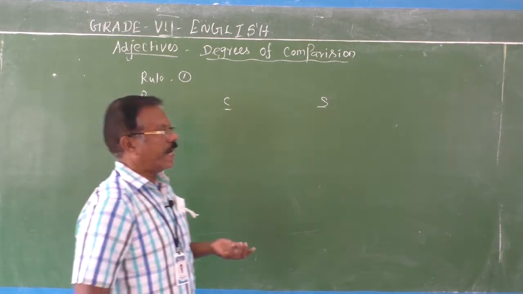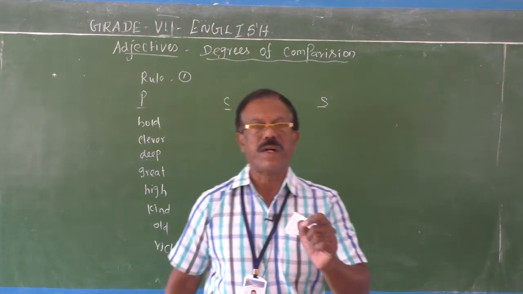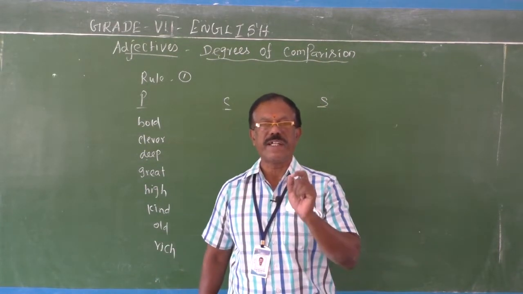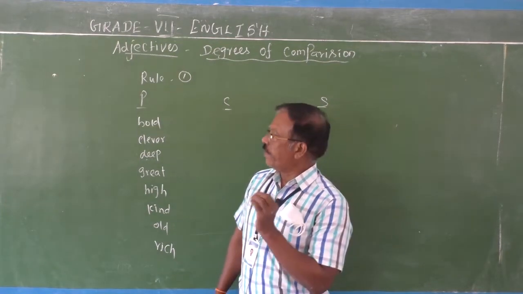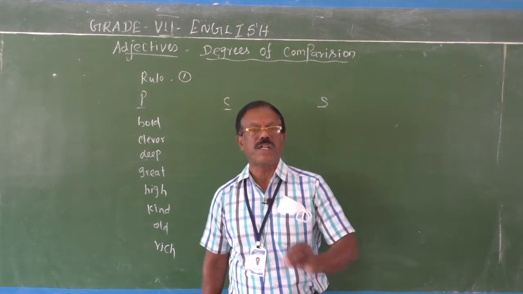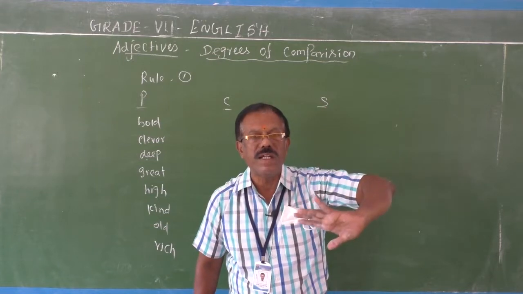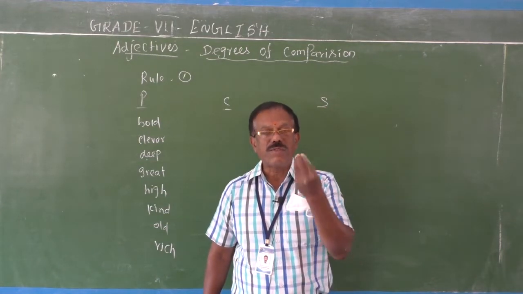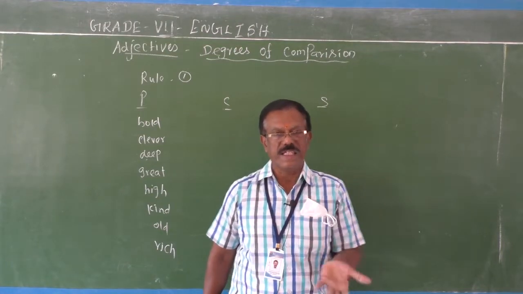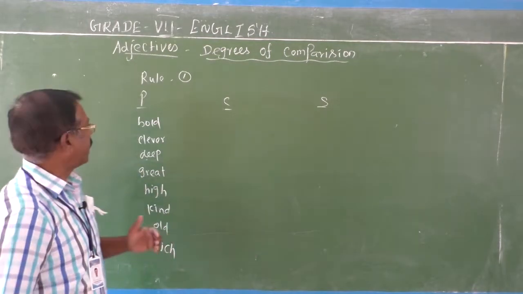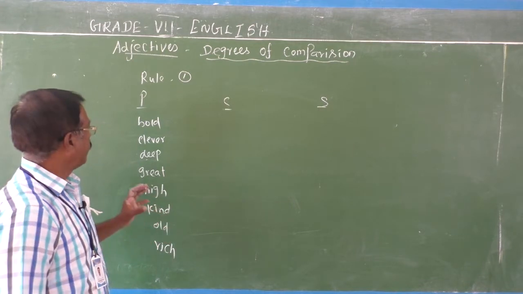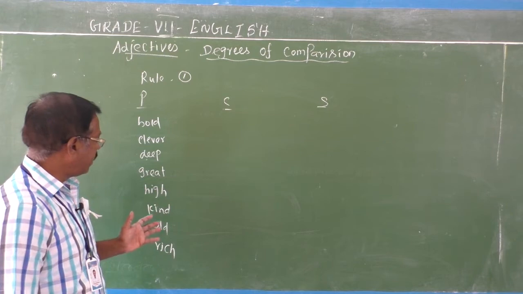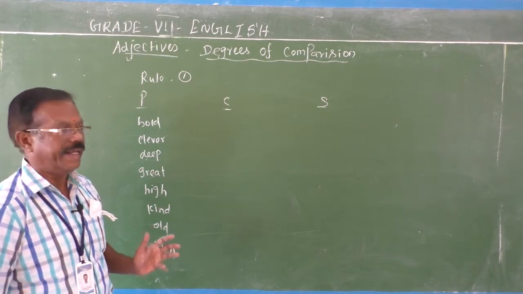When you pronounce these words, you have to pronounce properly. So you have to follow the pronunciation of our teacher. Whenever you have a vowel at the end position or in the beginning of a word, you have to pronounce the words as it is. You better follow my pronunciation: bold, clever, deep, great, high, kind, old, rich.